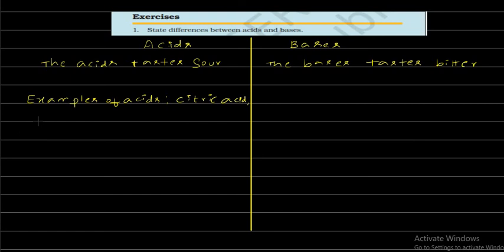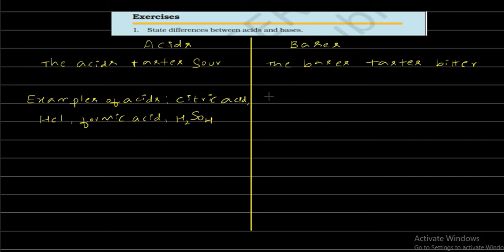You can give HCl, hydrochloric acid. And what else you can give? You can give formic acid. Then you can give H2SO4, sulfuric acid. Like this you can give many examples for acids.